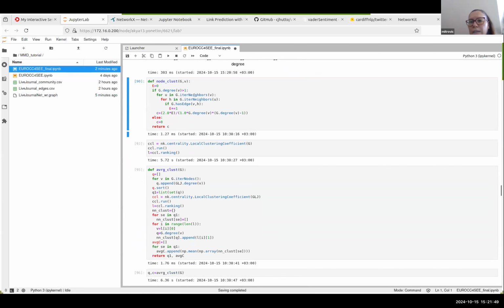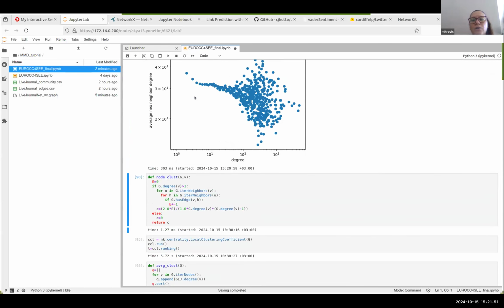What we can also look at, while we can use NetworKit to calculate the average clustering coefficient, is how the average clustering coefficient of nodes depends on their degree, because usually this tells us a lot about the system.